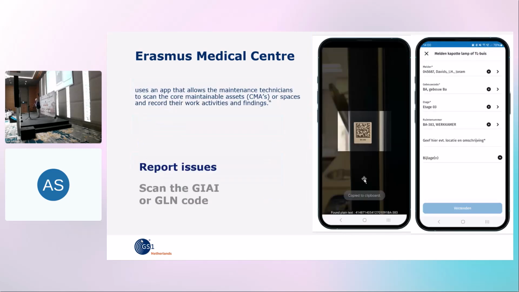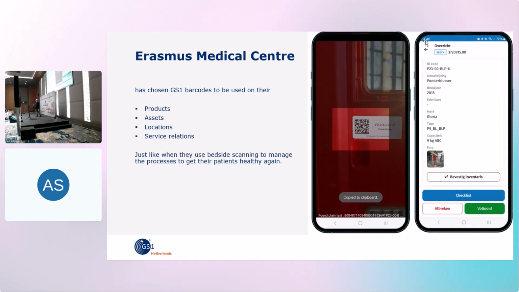They use an app to allow their maintenance technicians to scan for maintainable assets and spaces and record their observations and what they did in the spaces. I've cleaned the toilet. They register that in an app, and you can process the data and see which toilets have been used quite frequently, so you can increase the speed of checking.